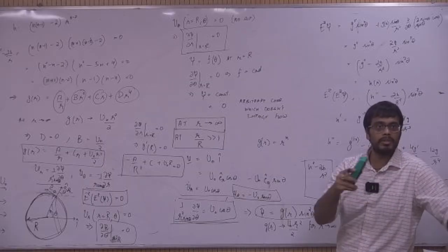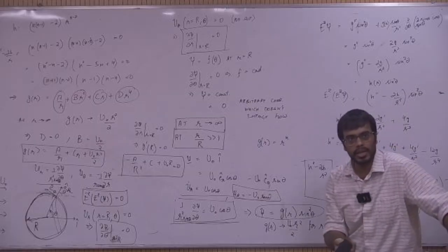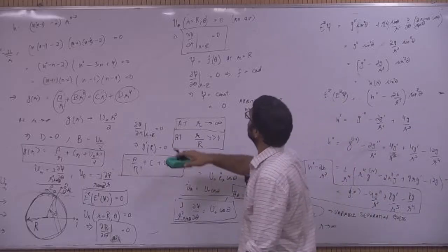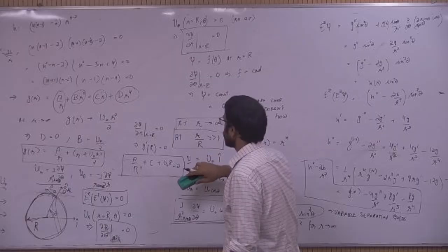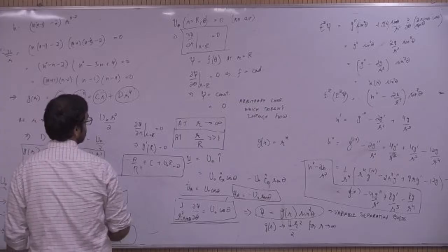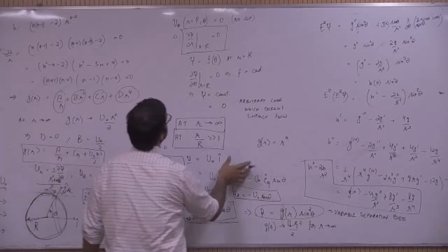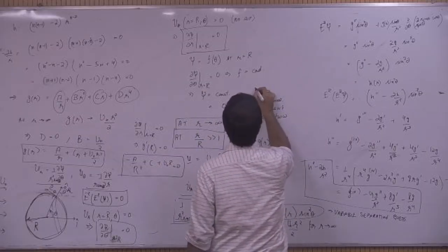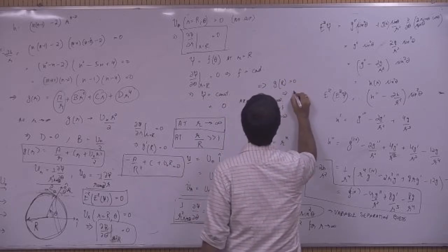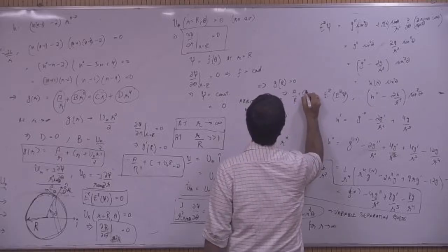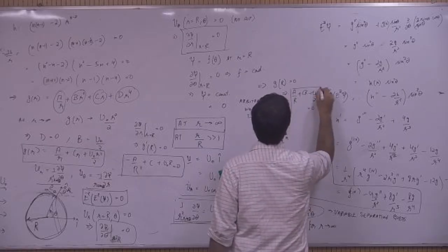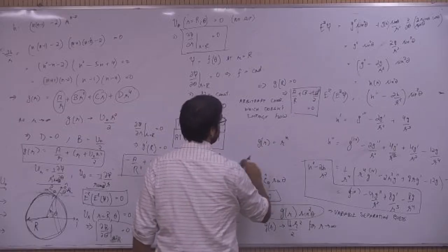So basically, both the derivative of psi and the value of psi are 0 at small r equals capital R. So we'll use that. This is one equation, and the other equation is, so psi is 0. This means g of capital R is also 0, which means a by r plus cr plus u naught r square by 2 is 0. Okay, so we have to use these two to solve.